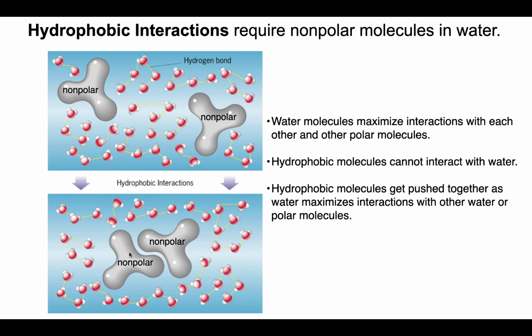The reason they're clumped together is because they're being pushed out by all of the water molecules interacting with one another. And so this exclusion of non-polar molecules from the interactions of water with each other or water molecules with other polar molecules, that exclusion is what we refer to here as hydrophobic interactions.